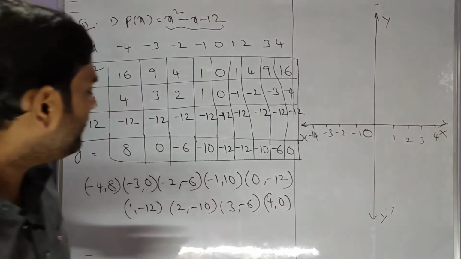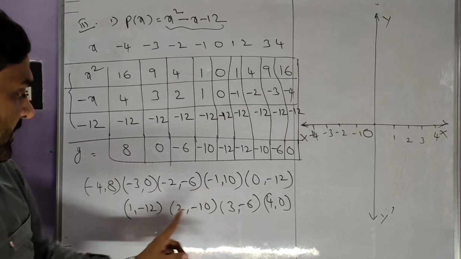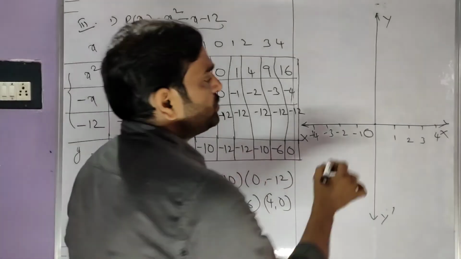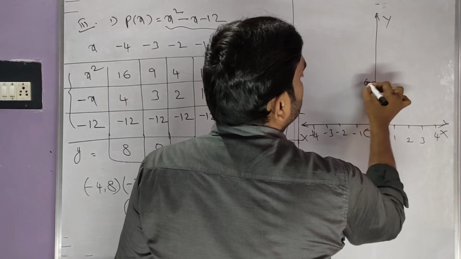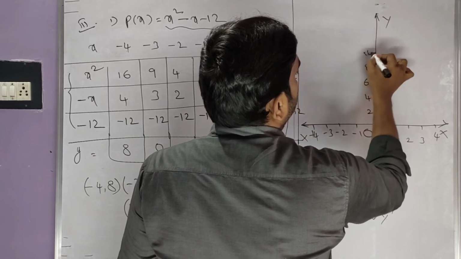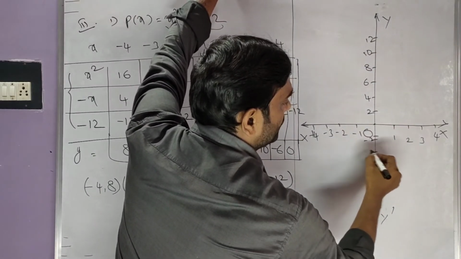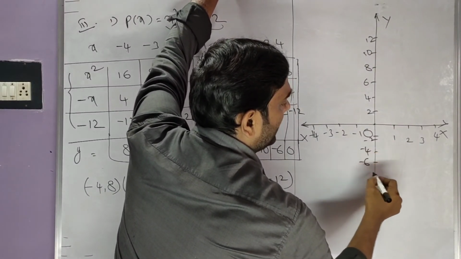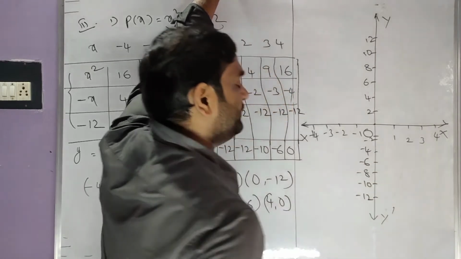And the y values: the maximum value is positive 10 and the minimum is minus 12. So take 2, 4, 6, 8, 10, 12, and minus 2, minus 4, minus 6, minus 8, minus 10, minus 12.